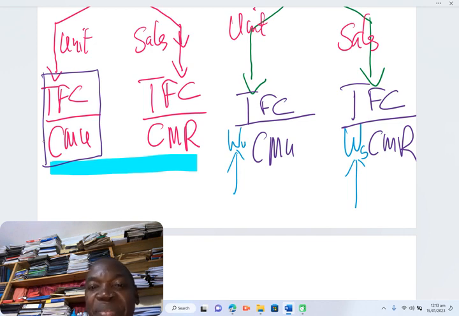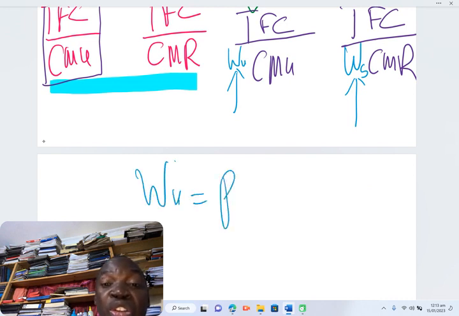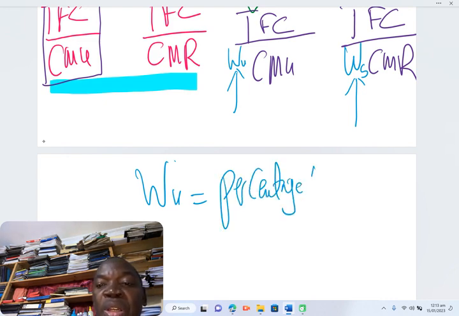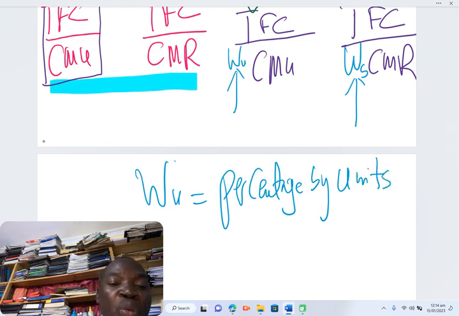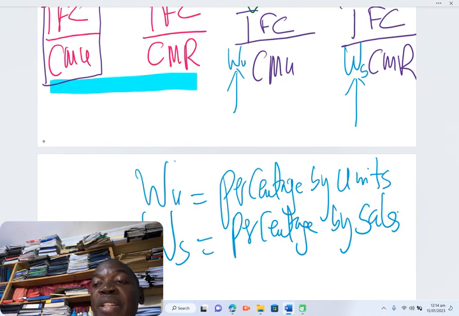I repeat, W is percentage by units, while WS is percentage by sales.